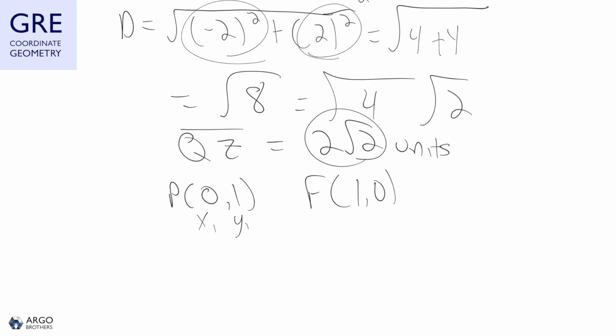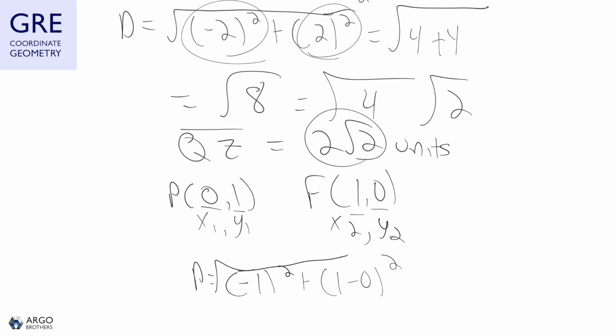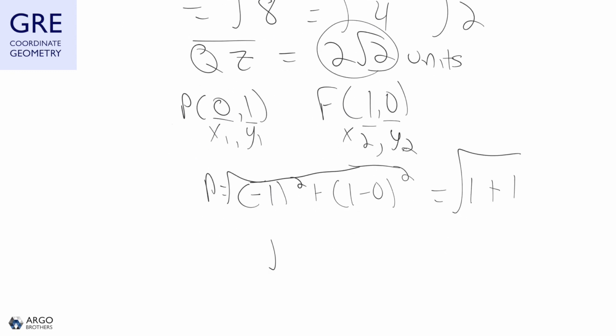So we have x1, y1, x2, and y2. And so our distance would be equal to the square root of y2 minus y1, or 0 minus 1, which is negative 1 squared, and plus x2 minus x1 squared, which is 1 minus 0 squared. And that equals the square root of, well, negative 1 squared is 1, plus 1 minus 0 squared is 1, and that equals the square root of 2. So the distance PF is the square root of 2.